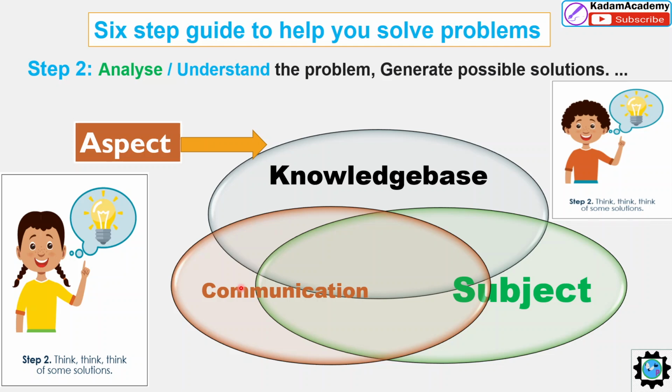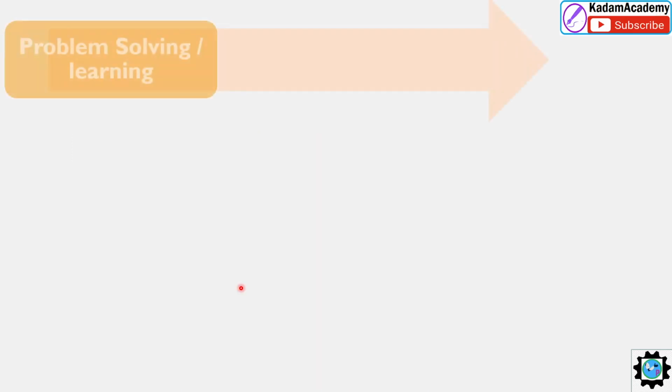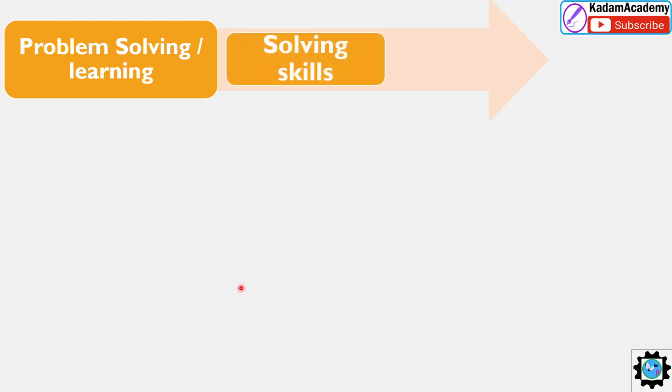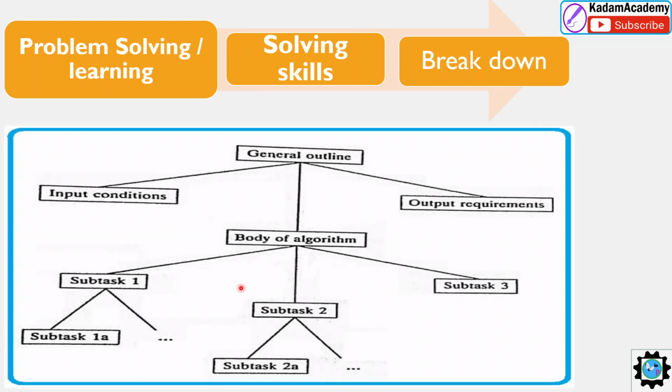In learning problem solving, we are utilizing the skill, an ability to break down the problem into small pieces. Okay, what we are going to do here is break down the problem into small or smaller manageable parts, defining the main elements like this.